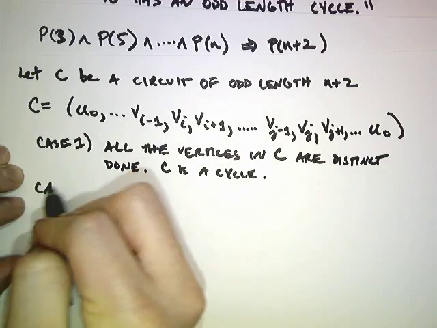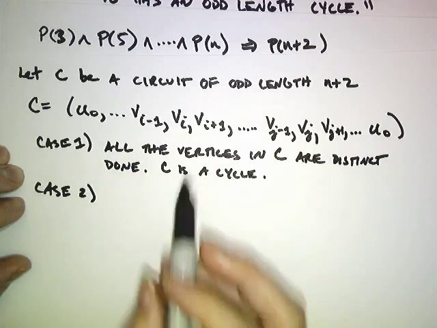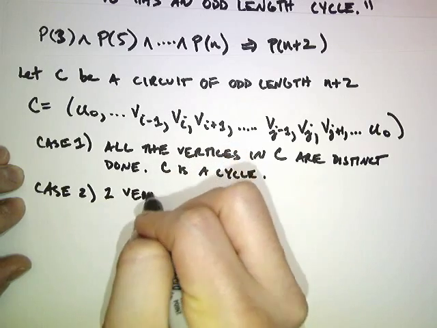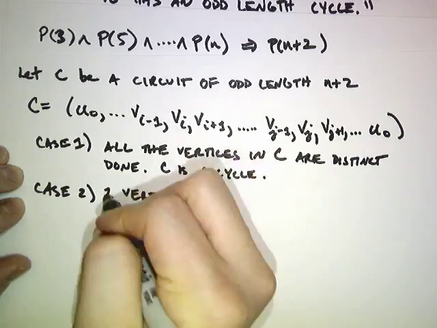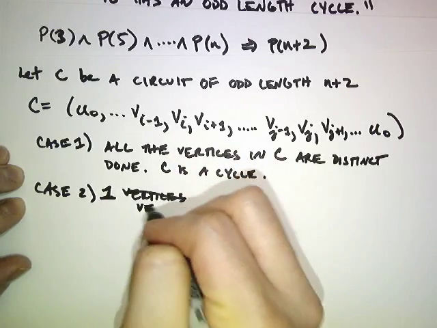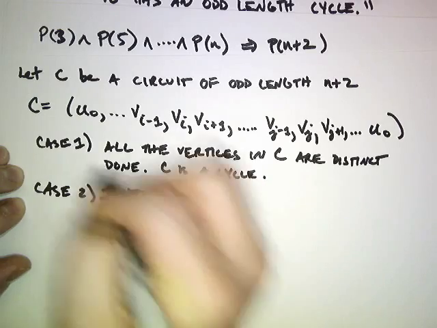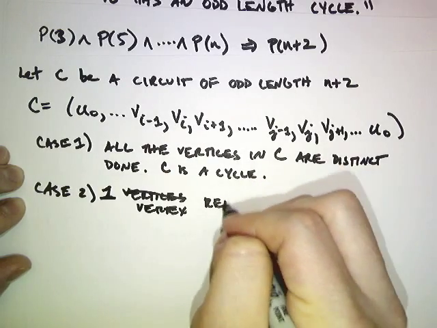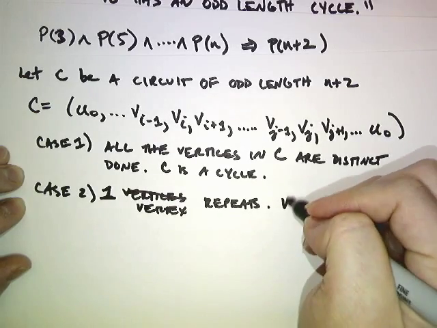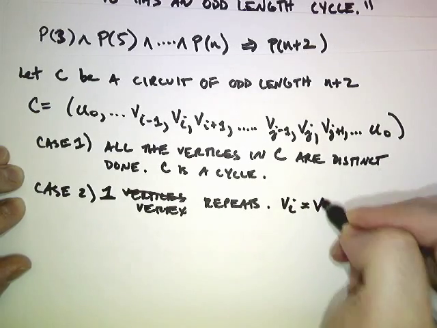Okay. Case 2, at least one vertex other than U0 repeats. Let's call them Vi and Vj.